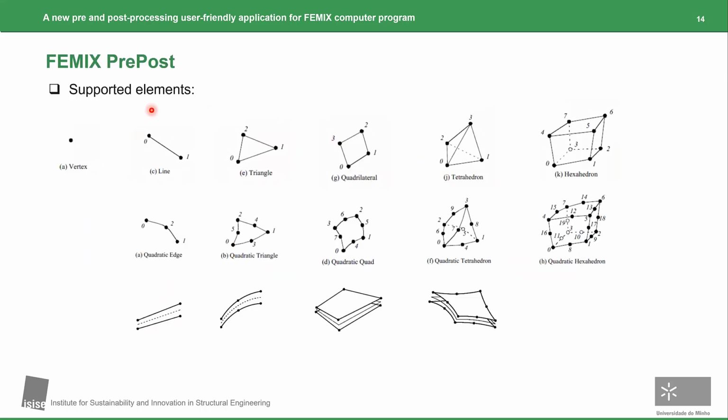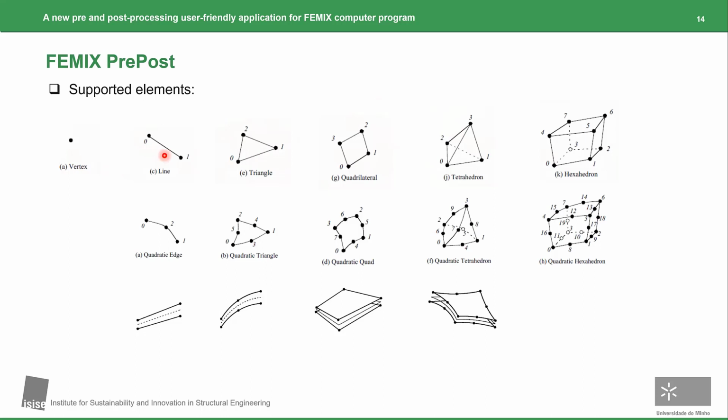Femix PrePost, which is the developed software, supports different types of elements, which are already supported by Femix. But keep in mind that triangle and tetrahedron elements, however, are supported by Femix, but these two elements have some limitations in terms of material, which doesn't support these two elements yet.